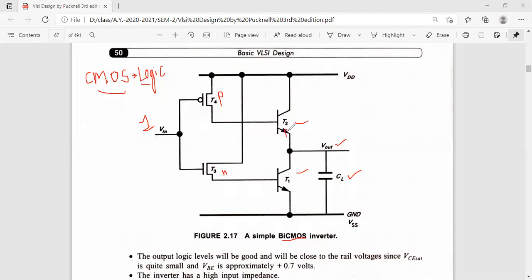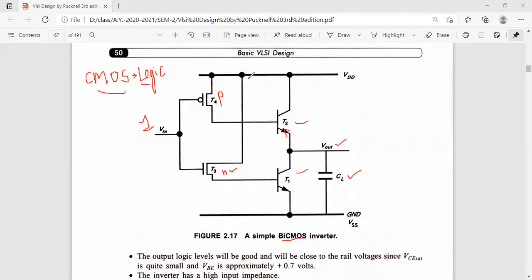NPN and PNP transistors you can see there. So I'm going to give 1 as an input at Vin. So this NMOS transistor is going to be on, right? This NMOS transistor is on means there exists a connection.